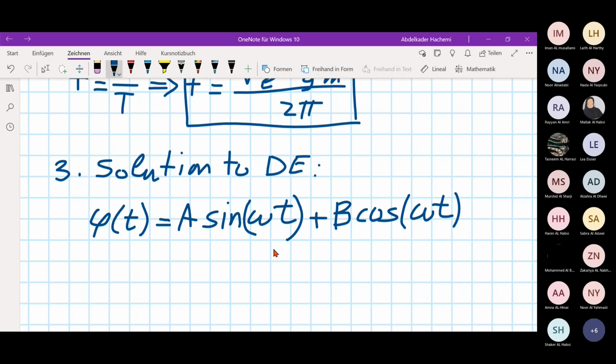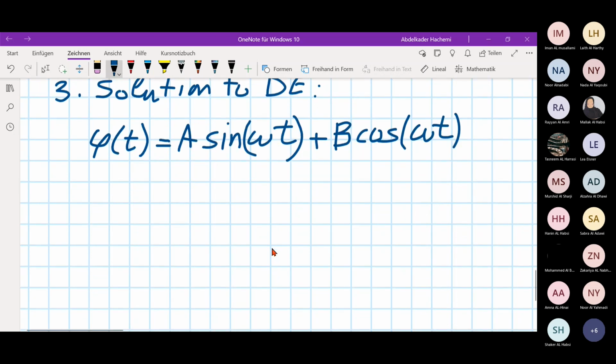Now what we have to do is to take the time derivative, phi dot of t. We derive with respect to time. A and B are constant, and have to be determined with the initial condition.